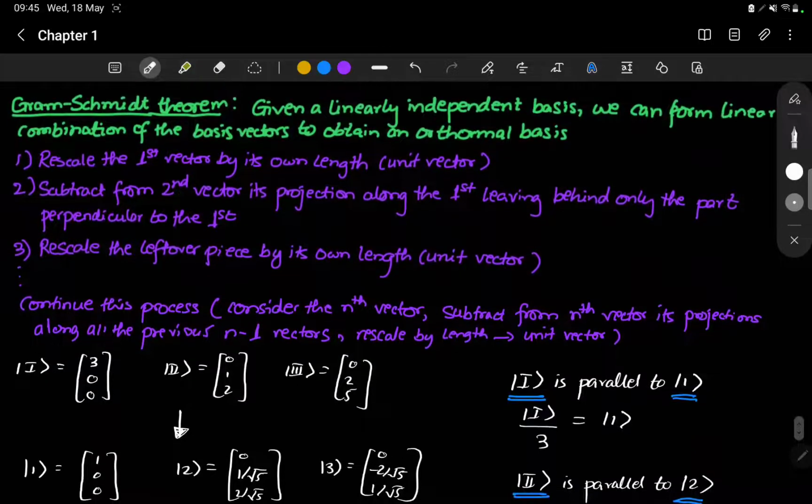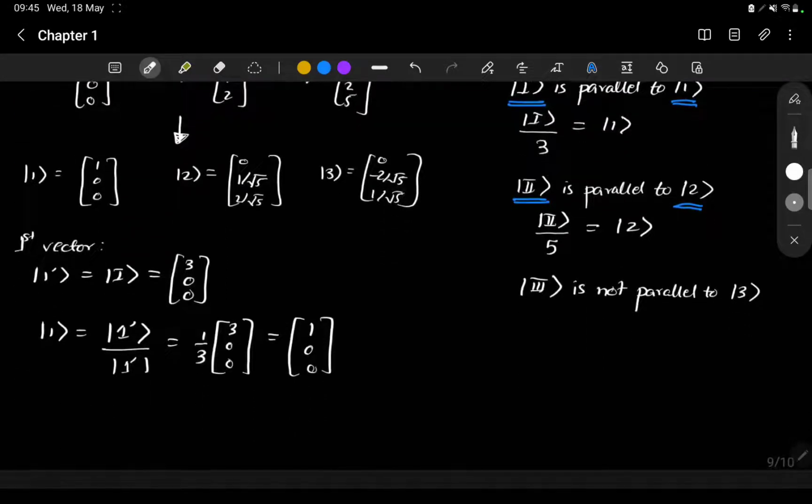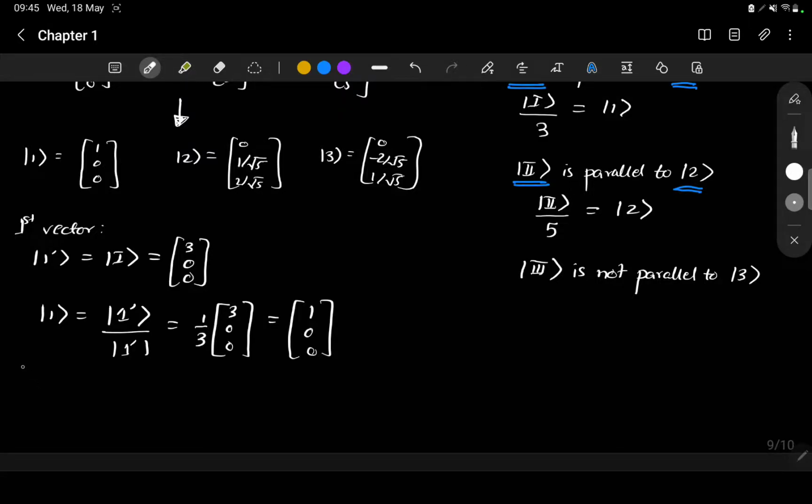Now the process says to subtract from the second vector its projection along the first. So let us take the second vector, and subtract its projection along the first vector. The second vector is 0, 1, 2.